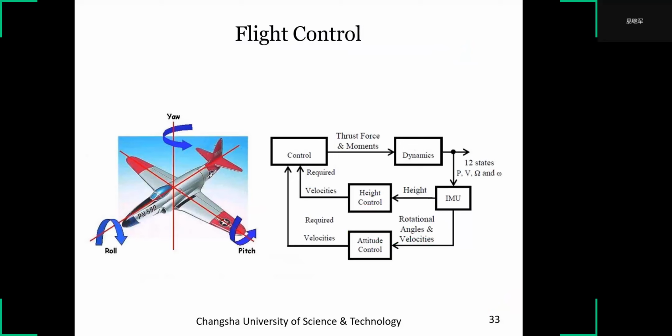IMUs are used for flight control, for dynamic height control and attitude control. The key element is the IMU.